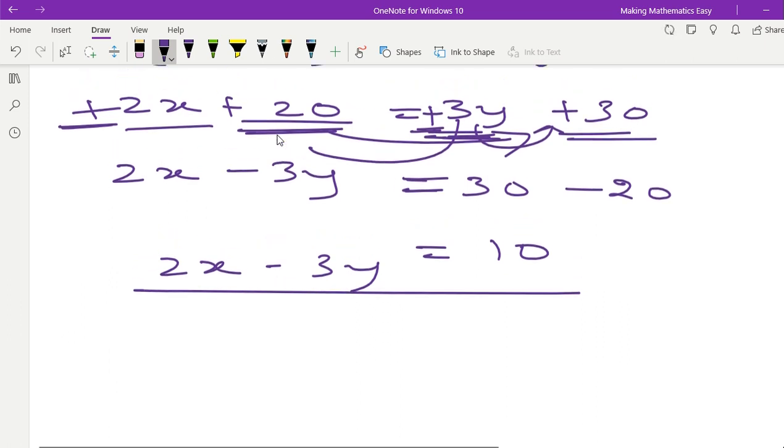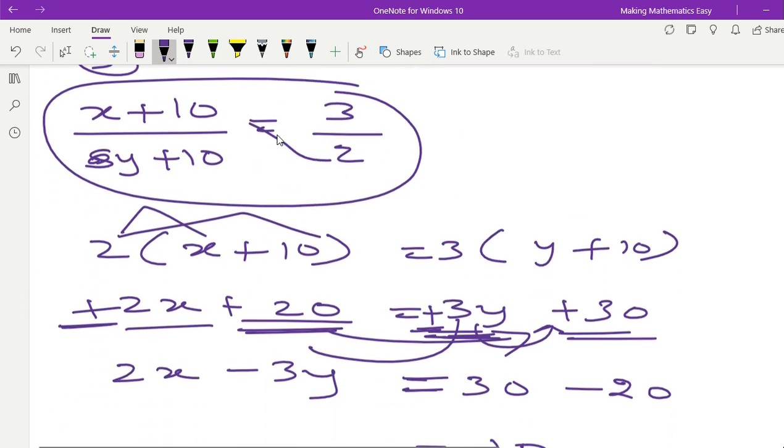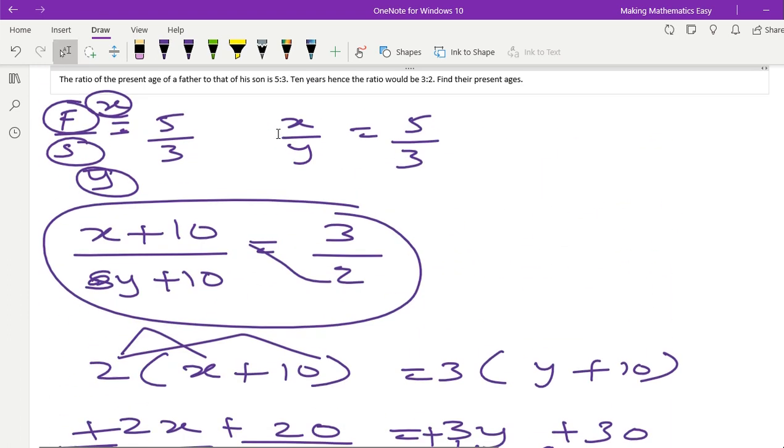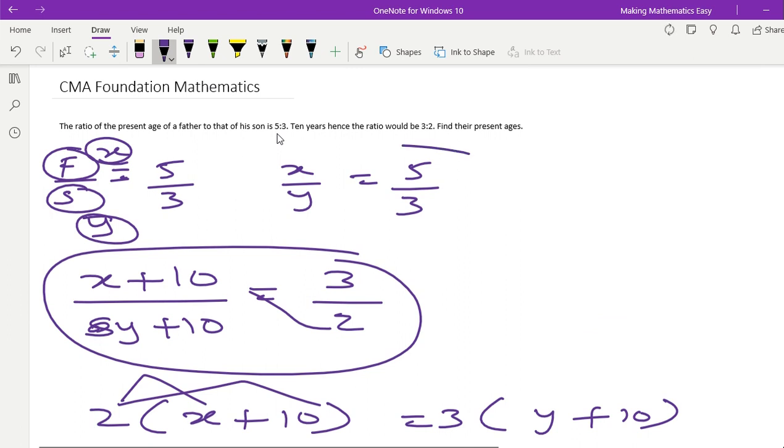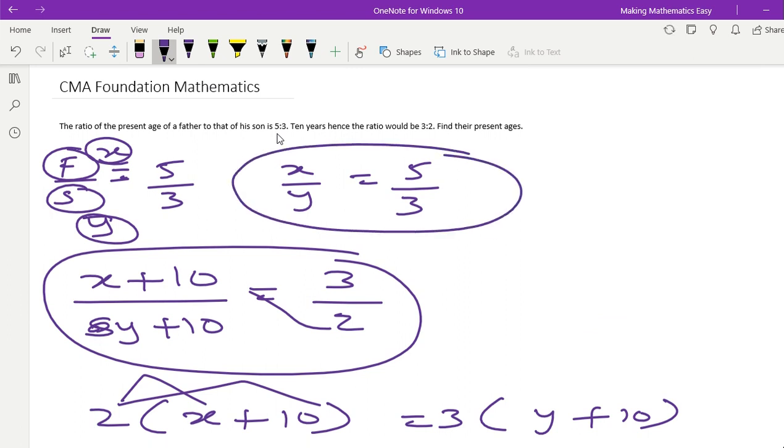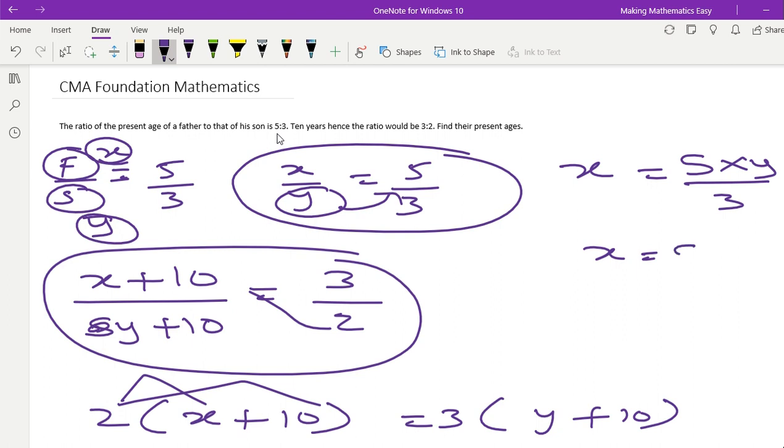After this we are not able to solve, correct? So now we are going to take help of the first condition that was given in the question, which is this one: the ratio of the present age of the father and his son is 5:3. So what we can do is send y to the right hand side, so that will be 5 into y upon 3, so that will be 5y upon 3, because this is a division over here, so when we send it to the right hand side it will get multiplied by 5.